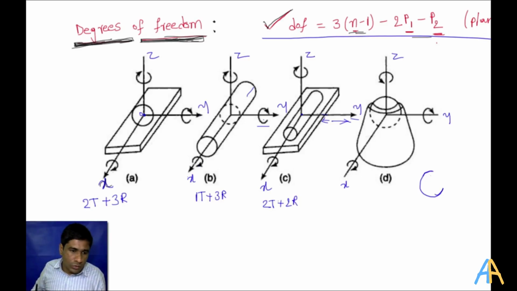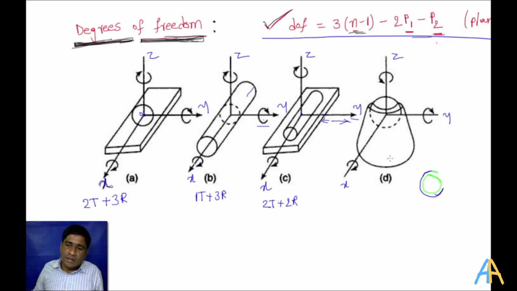Inside the groove we have a sphere like this, and the opening of the groove is such that it should be less than the diameter of the sphere. If the opening is more than the diameter of the sphere, then the sphere will come out. So that means this groove is holding this sphere, but the sphere is not attached, but it cannot come out of this. That means it cannot translate in any of these axes.